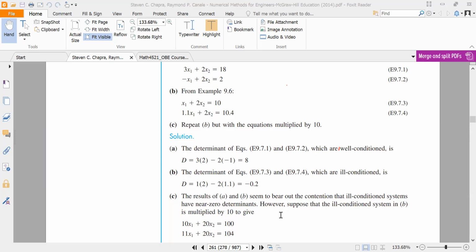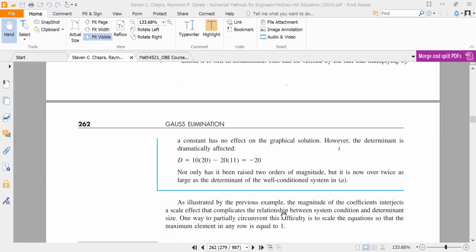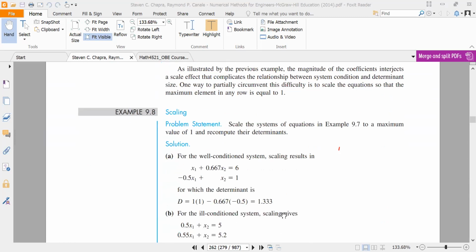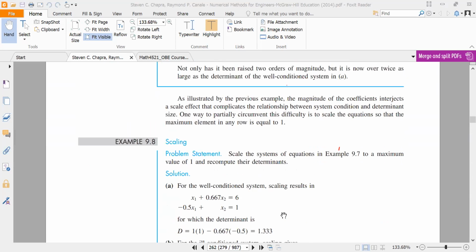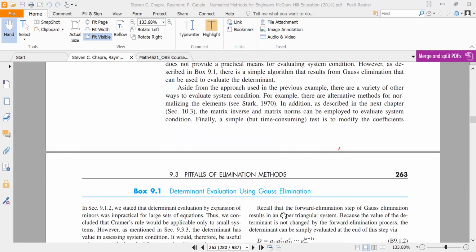If we multiply both equations by 10, you see that your determinant becomes minus 20, although the solution will not change. But scaling will sometimes create some problems. For this reason, scaling can be done in such a way that the maximum coefficient of the resulting system is equal to 1. That will also give some improvement. Try to revisit example 9.1, and you will see what improvements are made there.